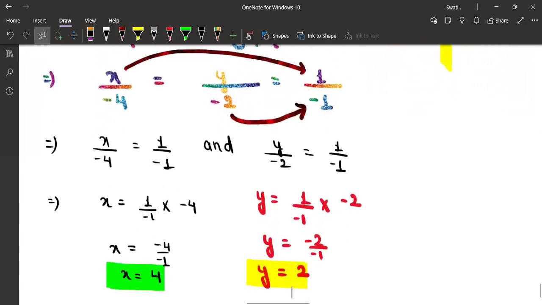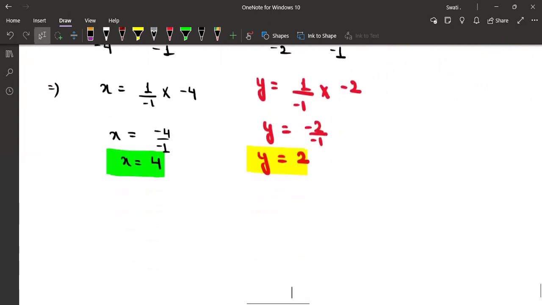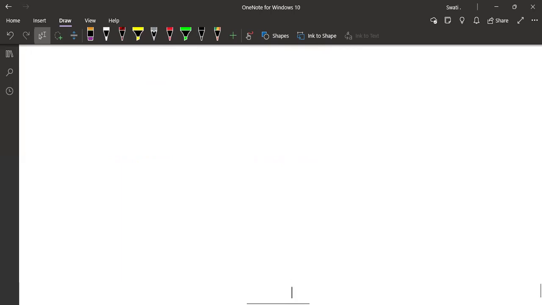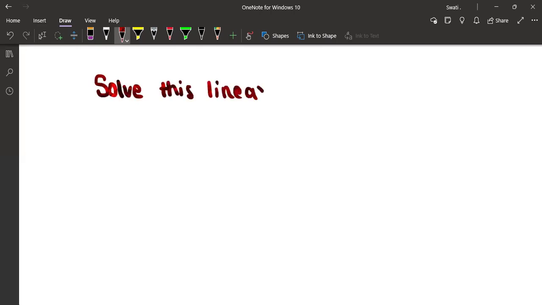Yes. No doubt in this? Okay. I'll just remind you again: in your final board exam, if the question says solve for x and y, or solve this linear equation, or find the values of x and y, and nothing is mentioned, then you are free to use any of the methods that you are most comfortable with.